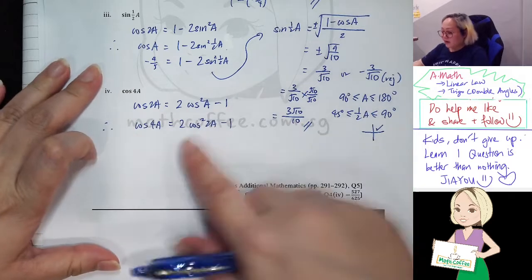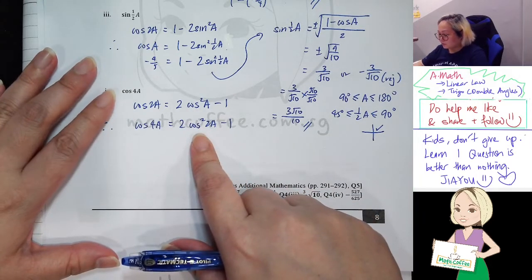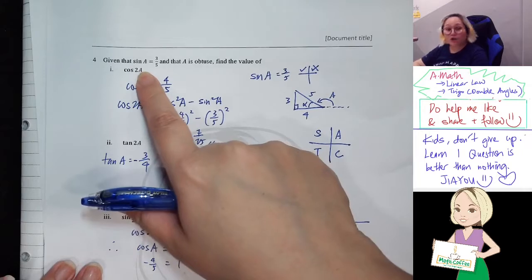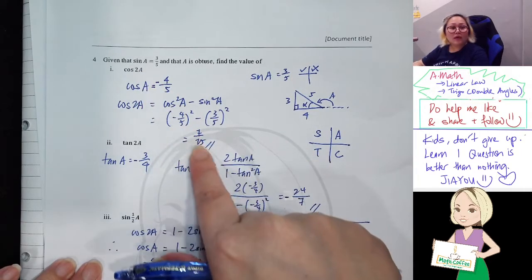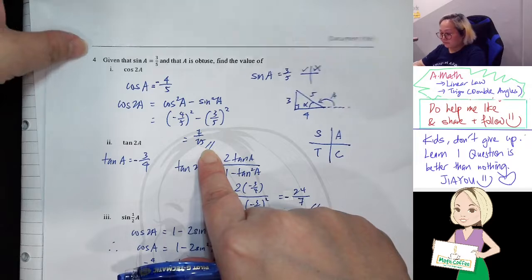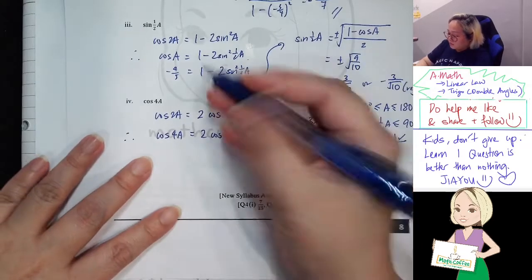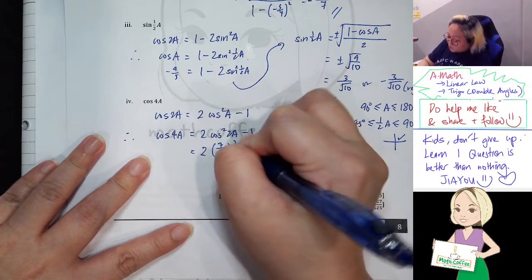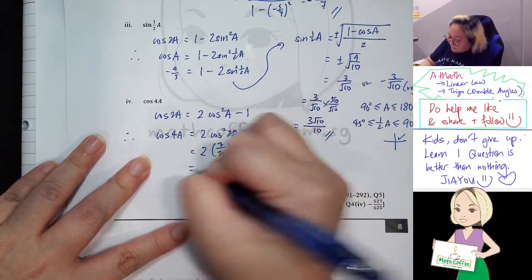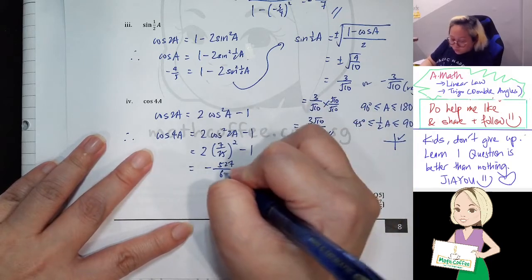Agree? And I already have my cosine 2A. Do I have it? Wait. Yes, I have it, right at the top. My cosine 2A is 7 over 25. So it will equal 2 times 7 over 25 squared minus 1, and you get minus 527 over 625. Done.